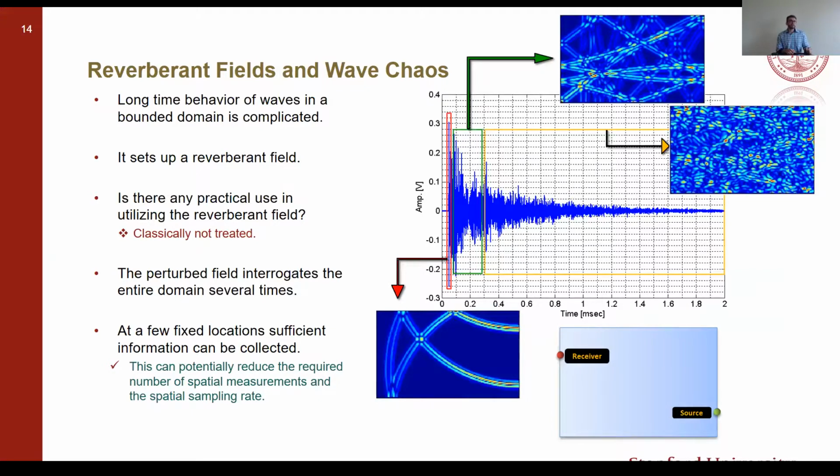That chaos indicates that the energy is distributed all over the place. What it motivates is that if you limit the number of spatial measurements, you can still say temporally what is going on inside the domain. Meaning that if you listen to the echoes coming into only one transducer, it captures all the spatial information you're missing by limiting your spatial measurements.